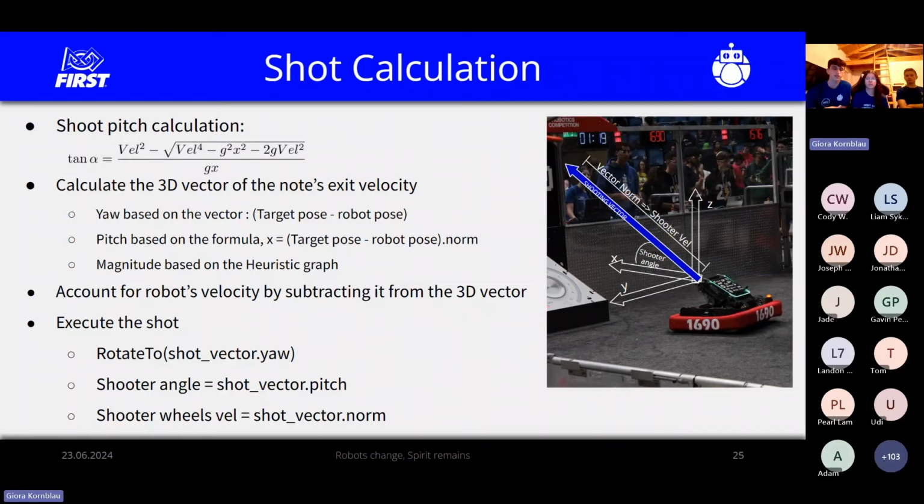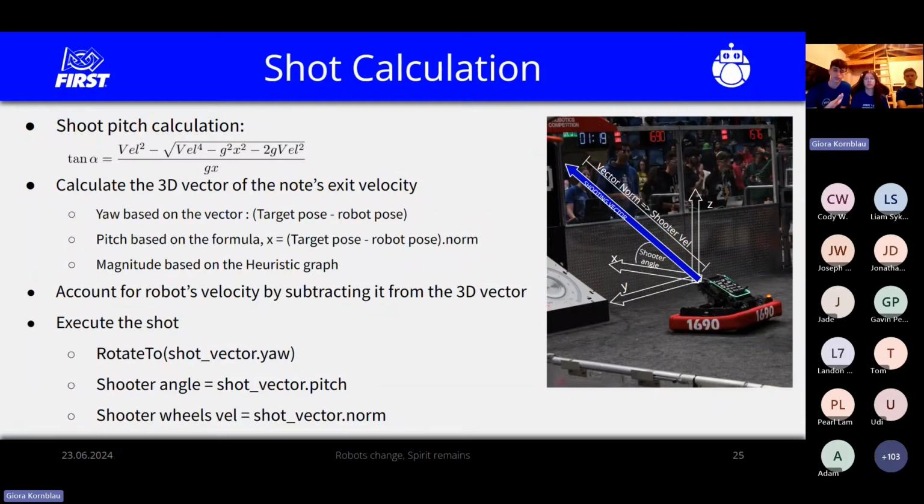To execute the shot, we take the yaw of the 3D vector after we subtract the robot's velocity and rotate our robot towards that angle. And we send a control request for our shooter arm in order to move to the pitch of the 3D vector after we subtracted the robot's velocities.